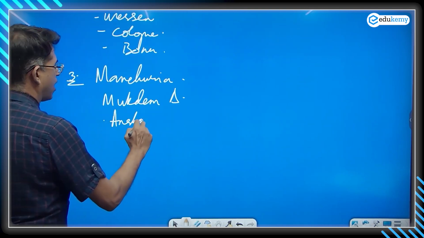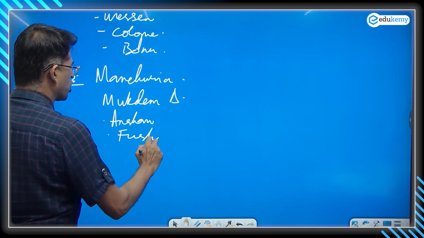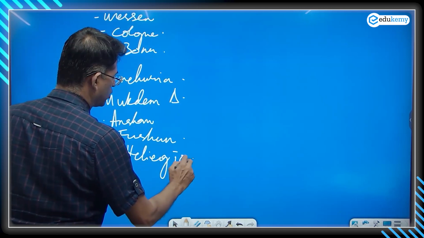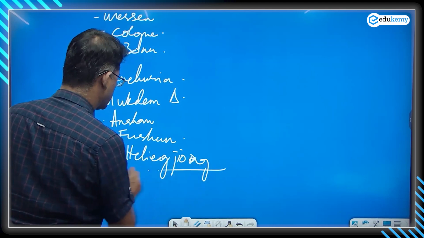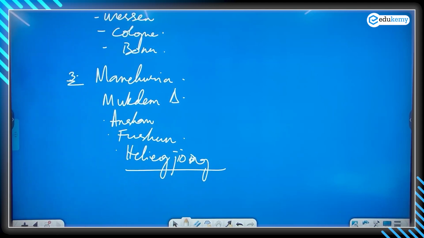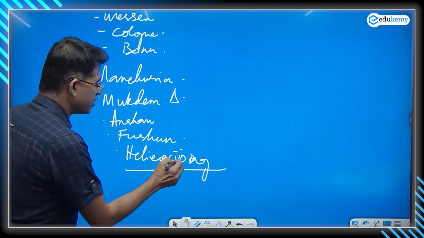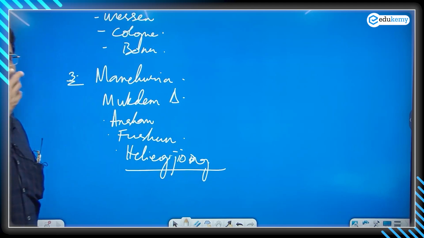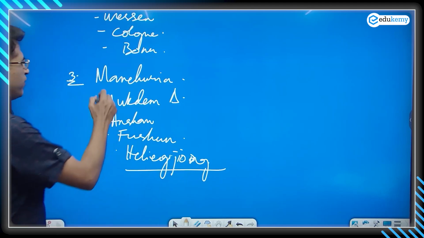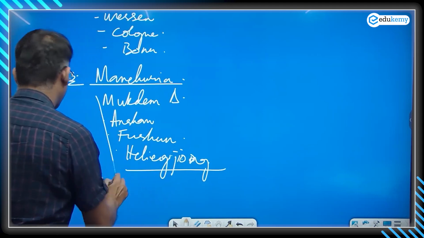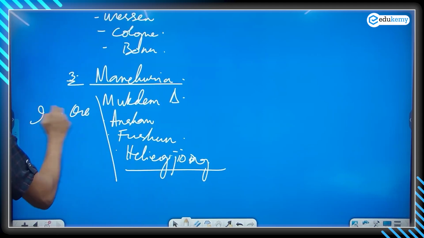Places like Anshan, Fushan, Heiliang Jiong. Anshan, Fushan, Heiliang Jiong. The Mukdem Triangle of Manchuria. Here there is iron ore and also coal fields.